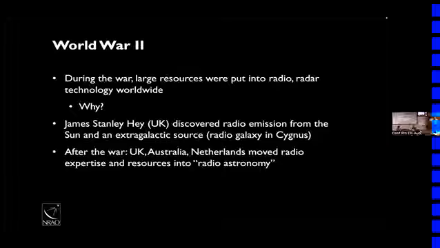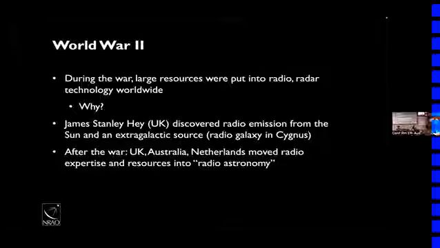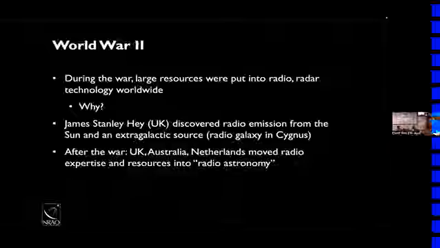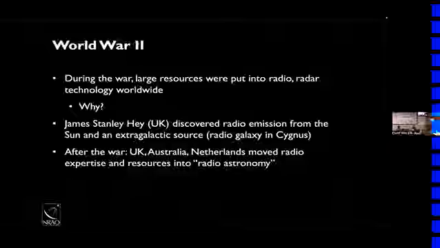We finally had sensitive enough receivers to see it from the sun, and actually detected the fact that the radio galaxy in Cygnus that was first seen in Grote Reber's image, that contour image, was actually a radio galaxy. So it started to be recognized that objects like galaxies, which were now known to be outside of our own Milky Way, had their own type of radiation that could be detected via radio telescopes. So it led to this big explosion in the understanding of the value of radio waves for astronomy.